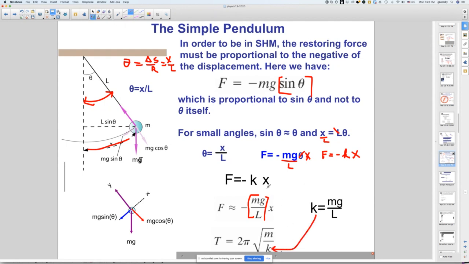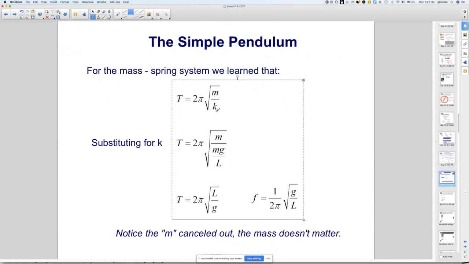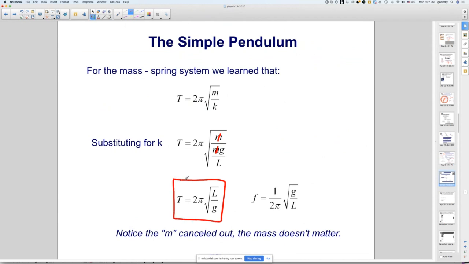The reason for that is this seems to be the same thing when we made that approximation. So what happens when you put that in? Well, put in for k mg over L, the m's cancel first of all, and this becomes L over g for the period.